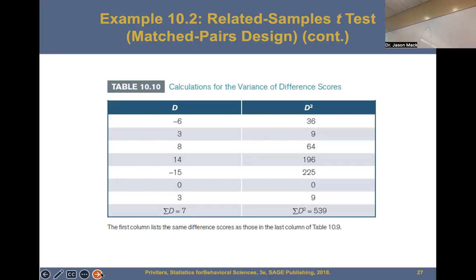So the sum of the differences was 7, and the sum of the squared differences was 539, which came from squaring the differences.